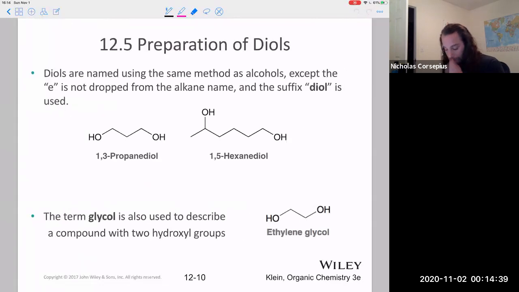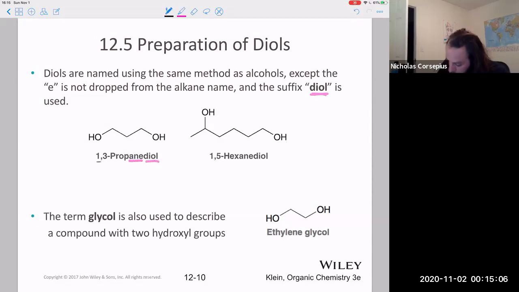When it comes to naming diols, you're going to use the suffix diol, meaning there's two alcohol groups. You're going to use the suffix diol at the end, so just putting di in front. And then the other kind of weird thing about naming diols is that you don't drop the e from the alkane name. So instead of being propanediol, it's propane-diol, right?